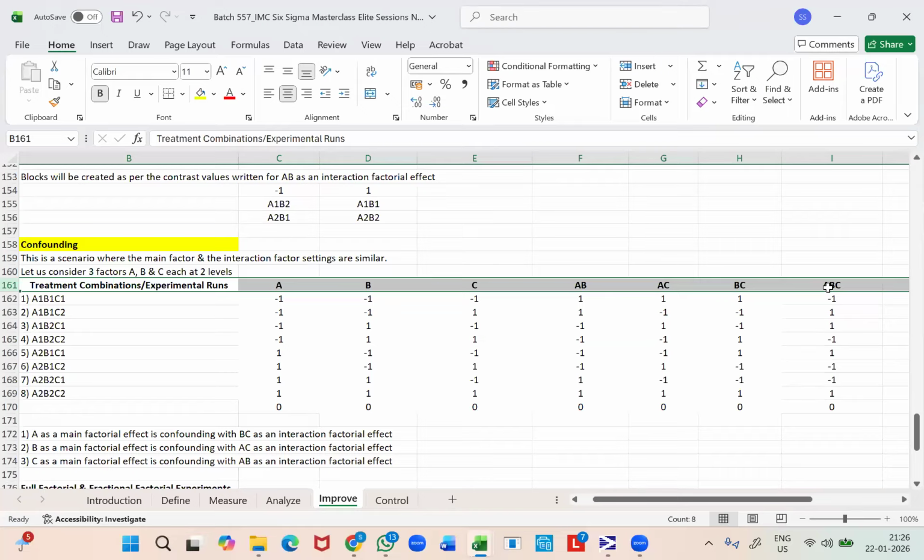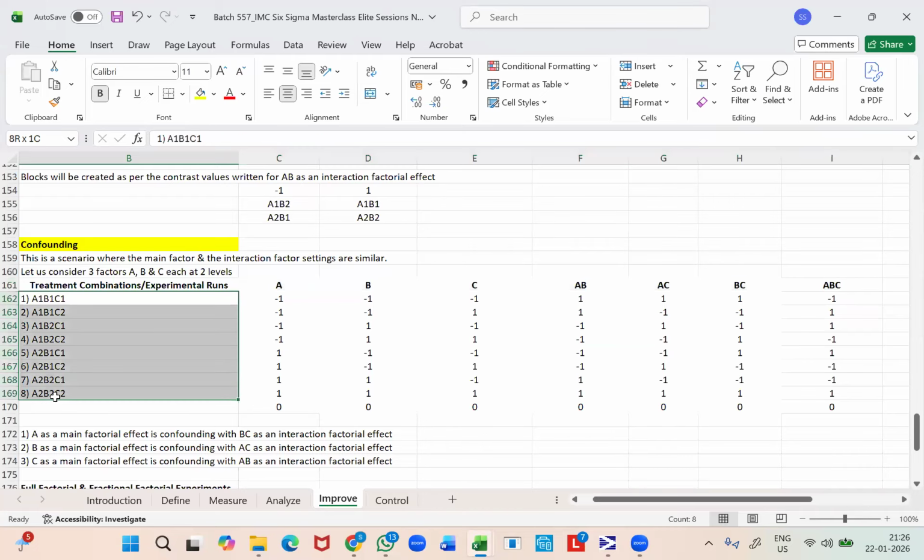So first and foremost, why do we need to practice confounding? Because when we have so many treatment combinations to be considered, we will not be able to conduct the experiments pertaining to all these treatment combinations, right? We may not have the resources to conduct experiments covering all of them.